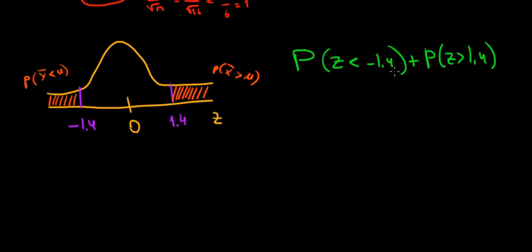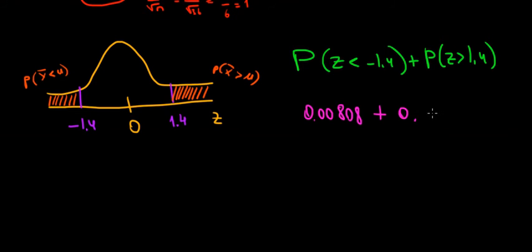Now, what's the probability of z being less than minus 1.4? We can not calculate, but have a look at the z distribution, and that probability is equal to 0.0808. Now, the probability that z is greater than 1.4 is the same as the probability that z is less than minus 1.4 because it is symmetric.